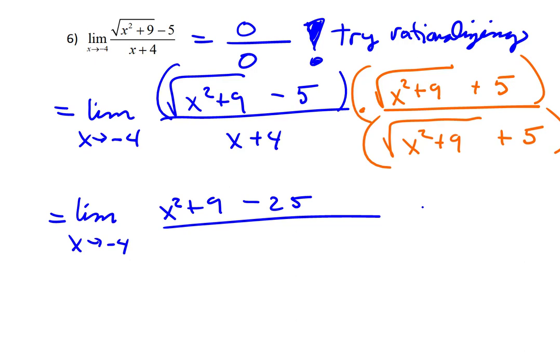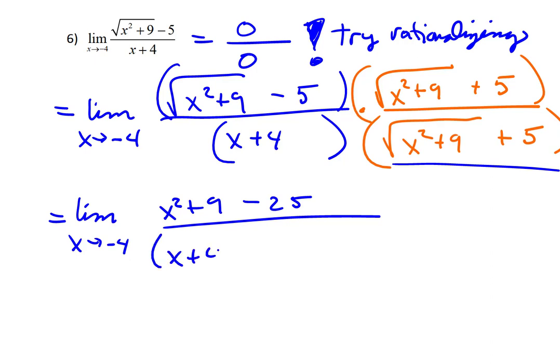And then down below, this is a perhaps ugly looking conundrum here. We have x plus 4 in our original denominator. We're trying to multiply that by the conjugate of the numerator, which is this, square root of x squared plus 9 plus 5. Instead of foiling that together, we're actually going to try for now just leaving it as is.